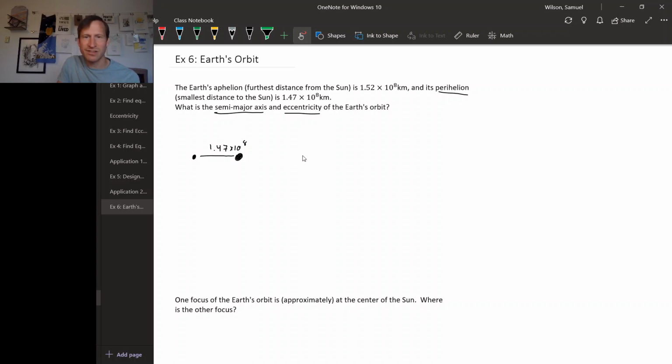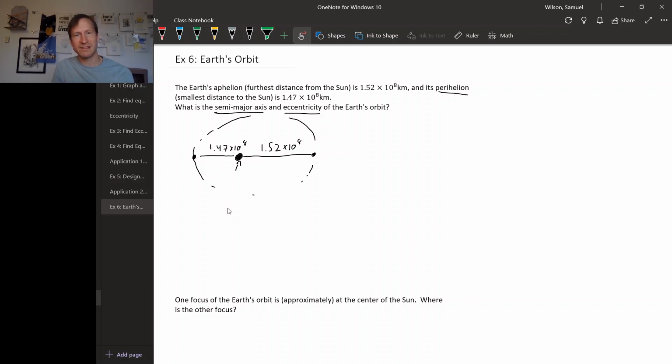And then the farthest distance, so I'm going to exaggerate a little bit and make the farthest distance much larger than it actually is in reality compared to the smallest. So the largest distance, the aphelion, is 1.52 times 10 to the 8th. And then the orbit looks something like this. Okay, so roughly an ellipse with the sun at one focus.